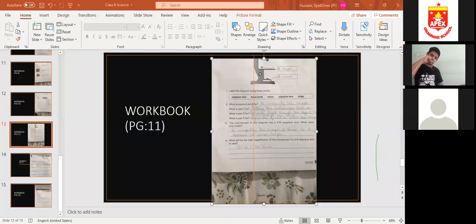Yes, Nurul Iman, you can tell me. To magnify the image. Yes, very good. So you can write down the answer: to magnify the image.